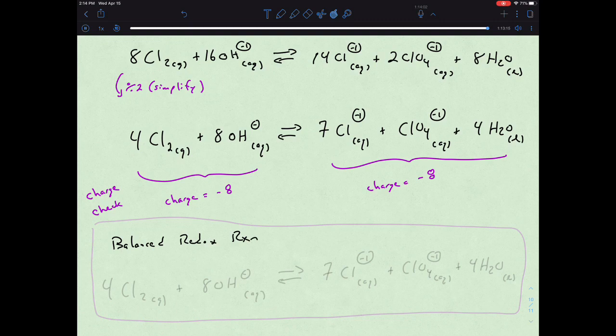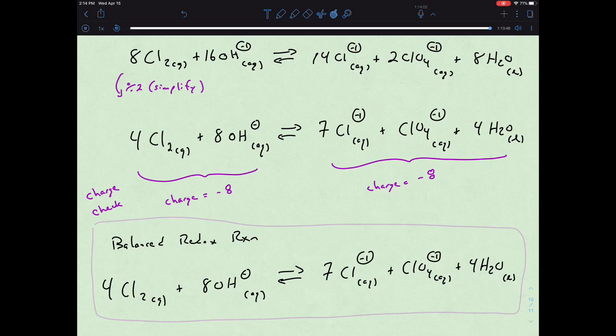And so if we look at our balanced redox reaction, we would be looking at now basically what we have above, 4 chlorine gases plus 8 hydroxides produces 7 chlorides, 1 perchlorate, and 4 waters, or 4 H2Os.